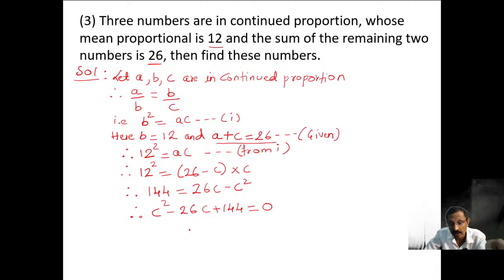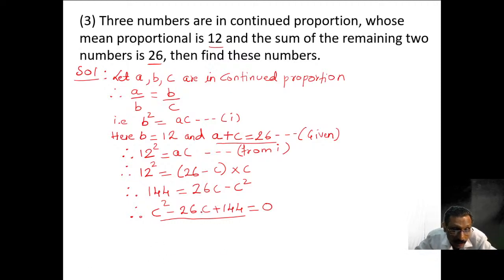As we know, when this is given to me, we have to find factors of this. See the last term, it is 144. To get the factors of 144, we are going to use two numbers which multiplied give me 144, but when I add them, it gives me 26.